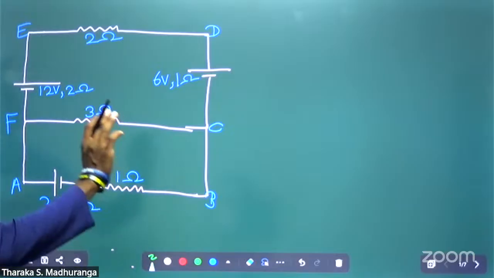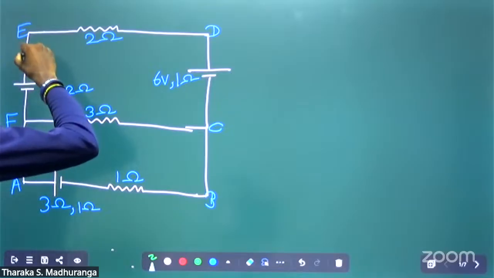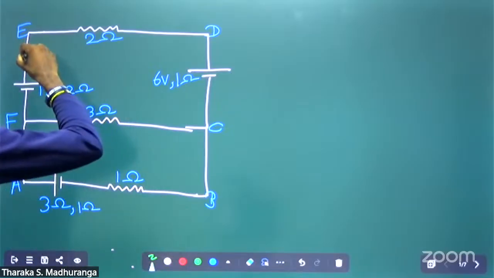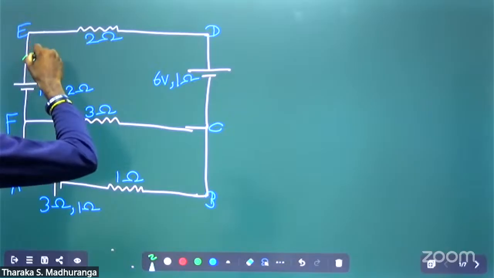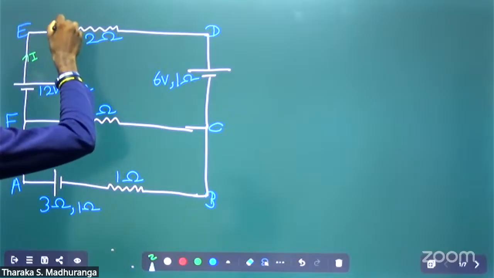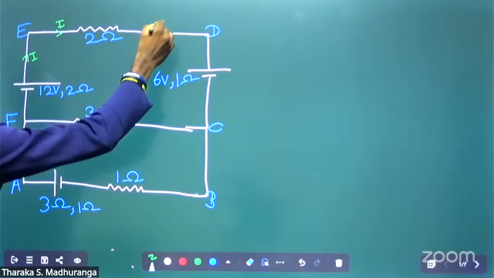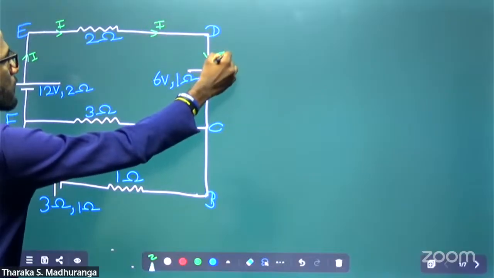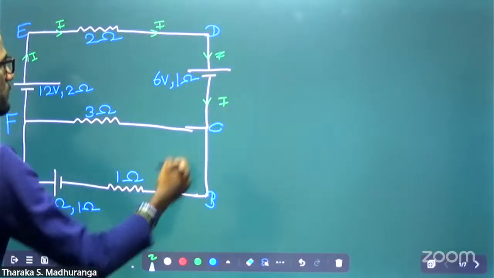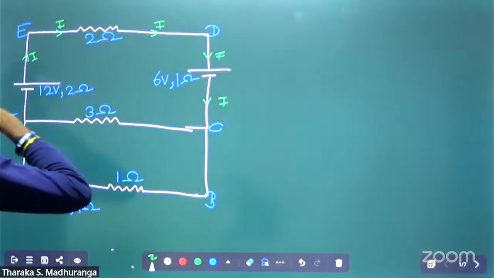Okay, if you want, I will give you the current direction. Then it is easy. Think this is I, this is I, the current dividing here.